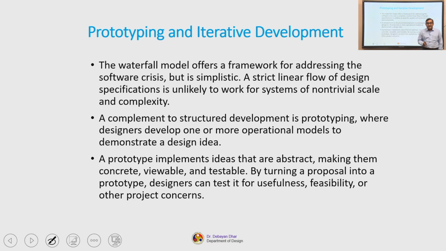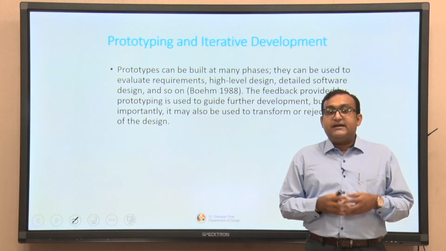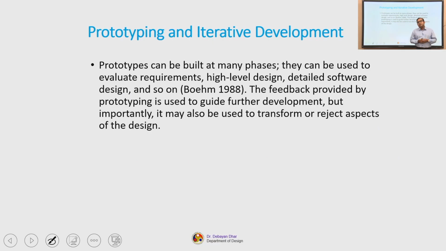They wanted to test early, so that early issues could be tackled and an entire cycle is not wasted. Prototypes can be built at many phases. They can be used to evaluate requirements, high-level decisions, detailed software design and so on. The feedback provided by prototyping is used to guide further development, but importantly it may also be used to transform or reject aspects of the design.